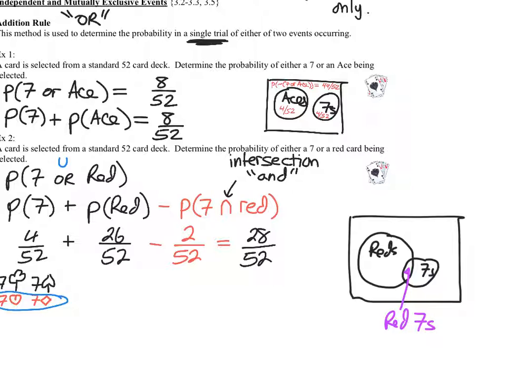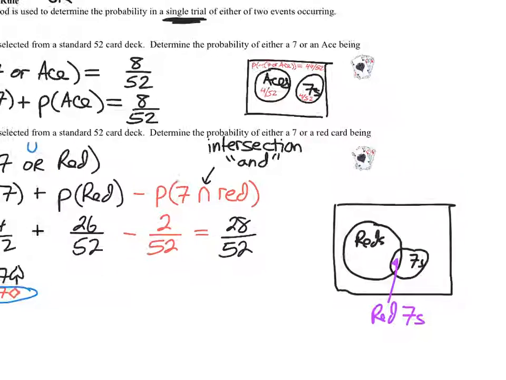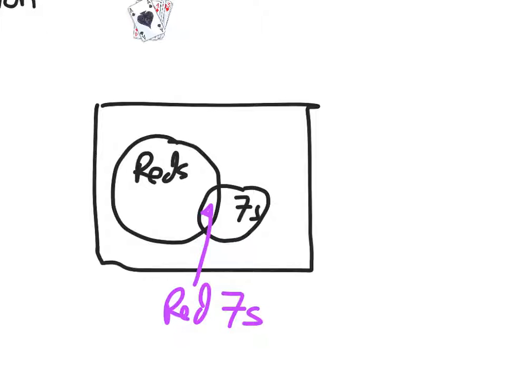So we could just label our probabilities in here. For the reds, we knew that there were 26 out of 52. For the sevens, there were 4 out of 52. I'm sorry, only the sevens, but not red at the same time, would be 2 out of 52. And then the red sevens, the probability of that would also be 2 out of 52.